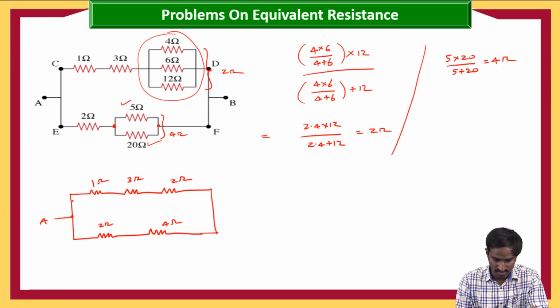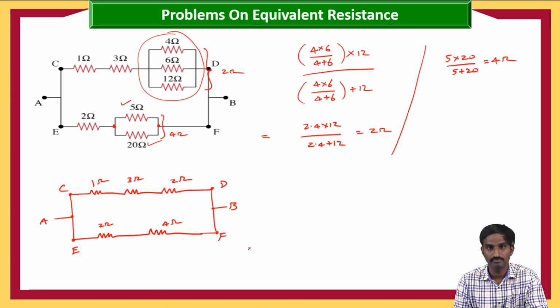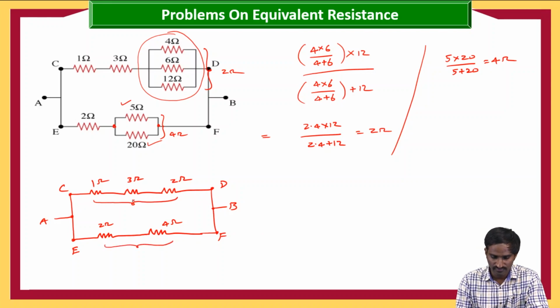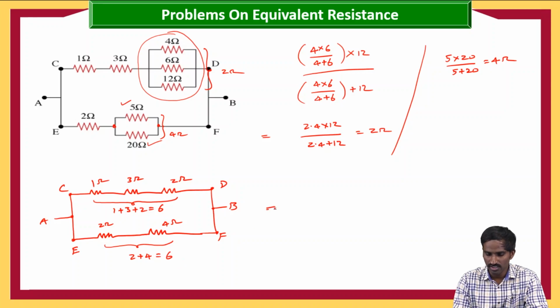Again the terminals: here it is A and here it is B, C, E, D and F. Then these three are in series and again these two are in series. If these three are in series, then 1 plus 3 plus 2, which is 6. And these two are in series, then 2 plus 4, which is again 6. Then the equivalent circuit will become like this.